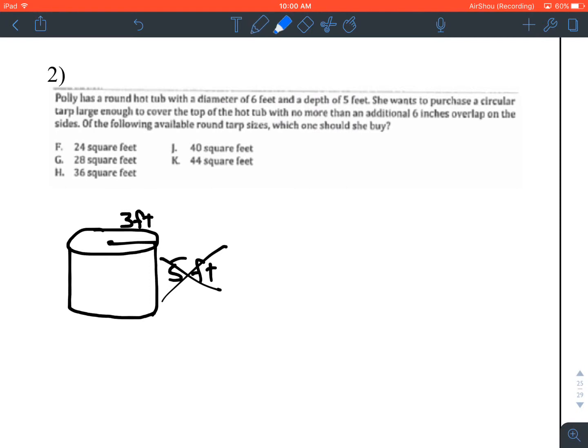She wants to put a tarp on the top, and she's cool if this tarp sticks over an additional 6 inches. 6 inches, as far as feet goes, is half a foot. So even though the top of this is 3 feet, she's cool with this radius being 3.5 feet.